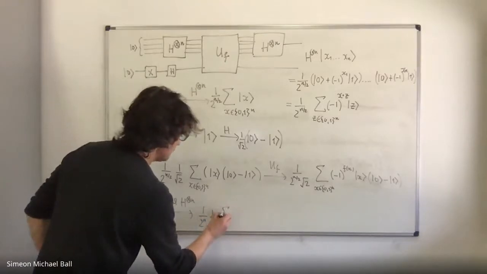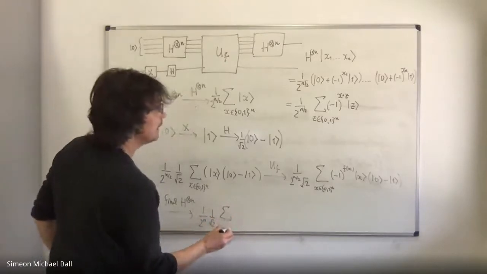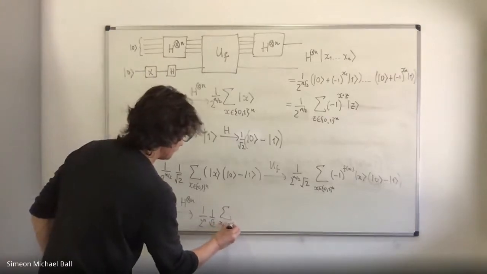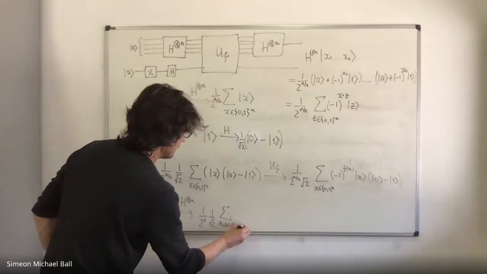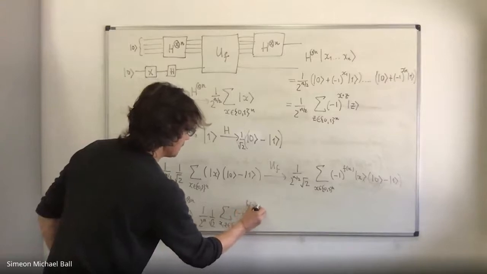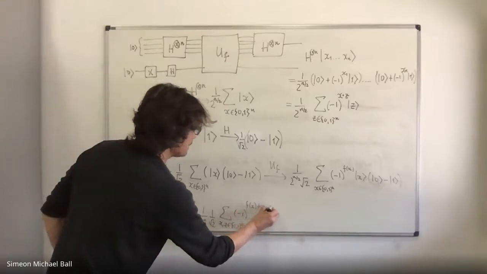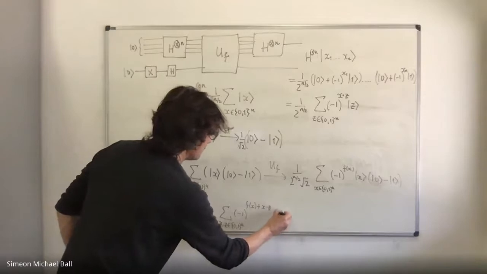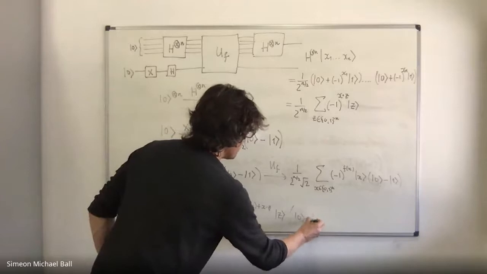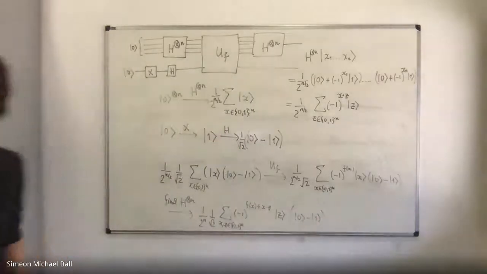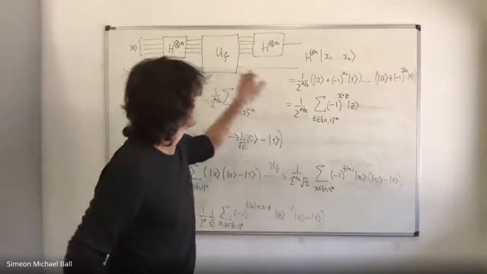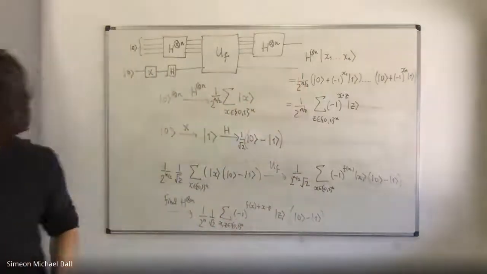And then the sum over x and z in 0, 1 to the n of minus 1 to the f of x plus x dot z, z. And in the second bit, still the 0 minus 1 in the last bit here. So this is just corresponding to this qubit here.